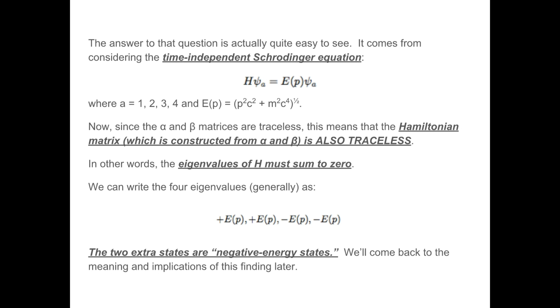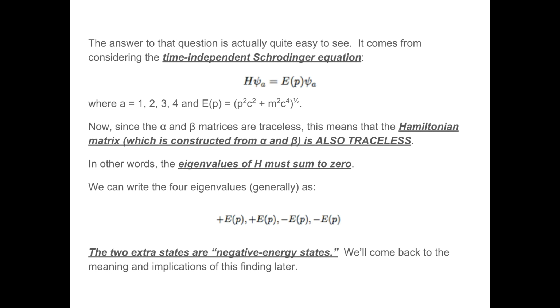The answer is pretty easy to see once you consider the fact that the Hamiltonian, which is constructed out of alpha and beta, also has to be traceless and even dimensional. So this is the eigenvalue equation we're working with.